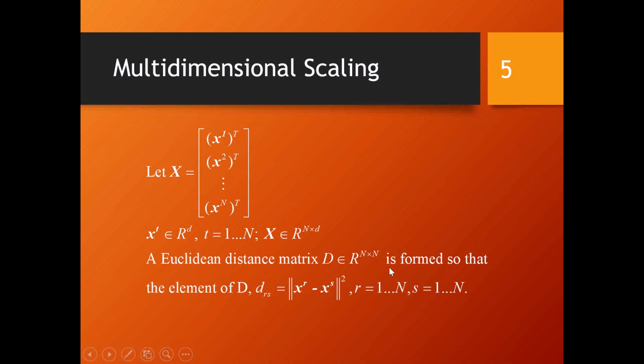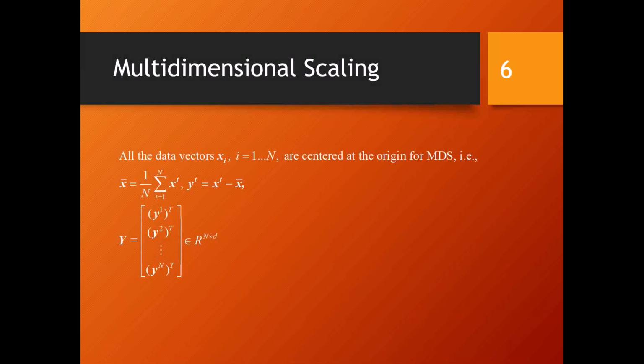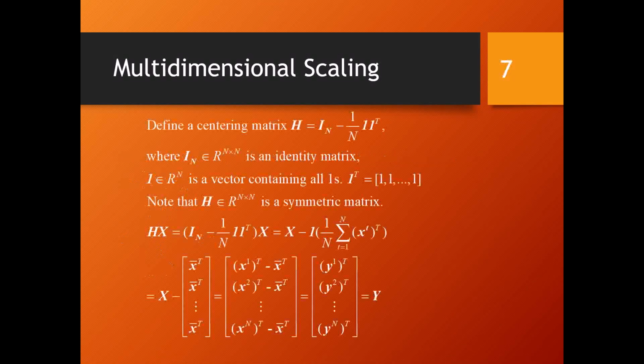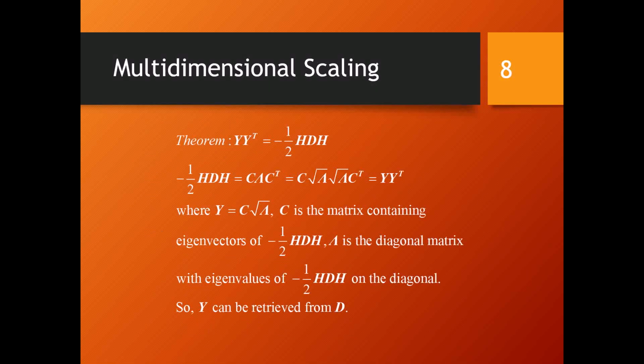So if I want to do dimensionality reduction by using MDS, then I will give you D. If you calculate this matrix, -1/2 times H times D times H, then you choose the top k largest eigenvectors.